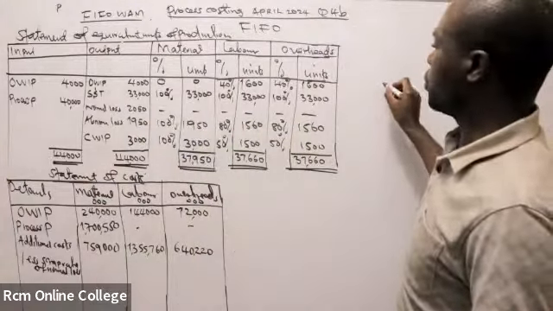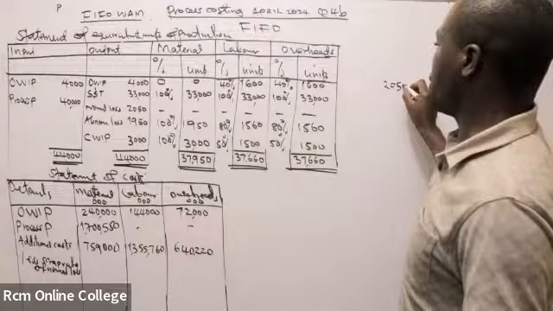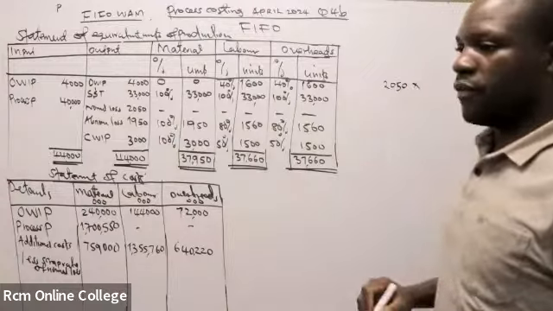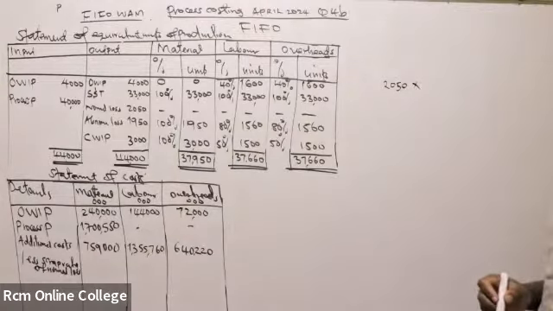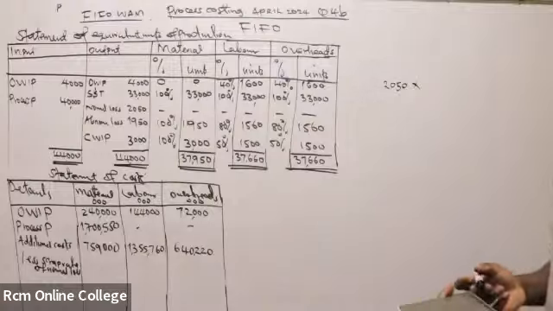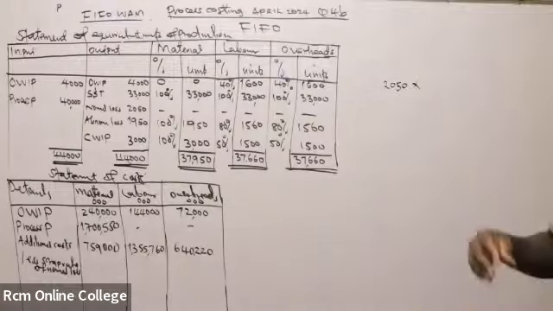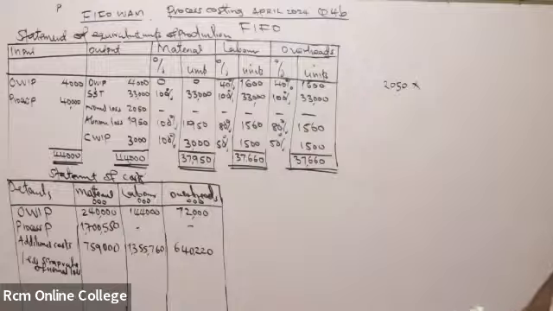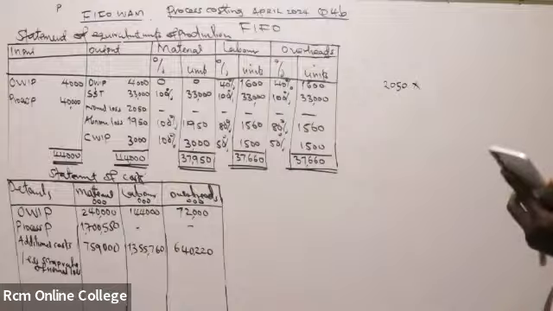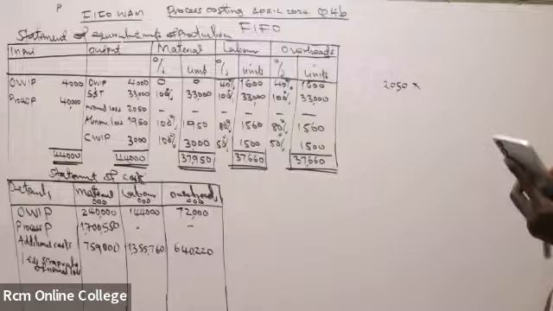What was our normal loss in terms of quantity? Our normal loss was 2050 units. What is the scrap value per unit as per our question? Which additional information is giving us that?